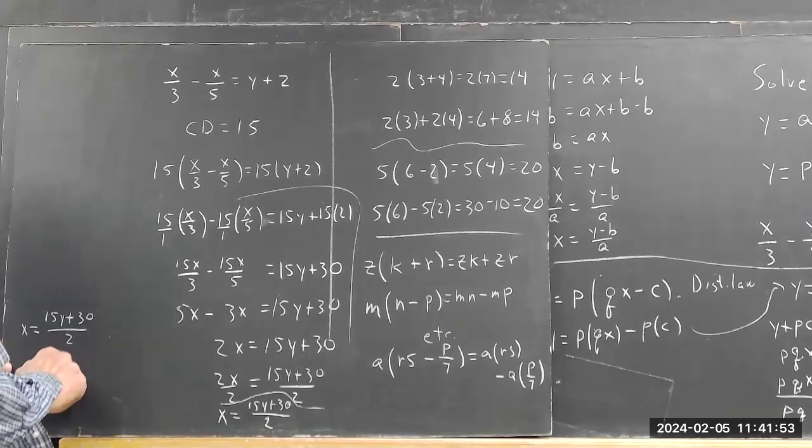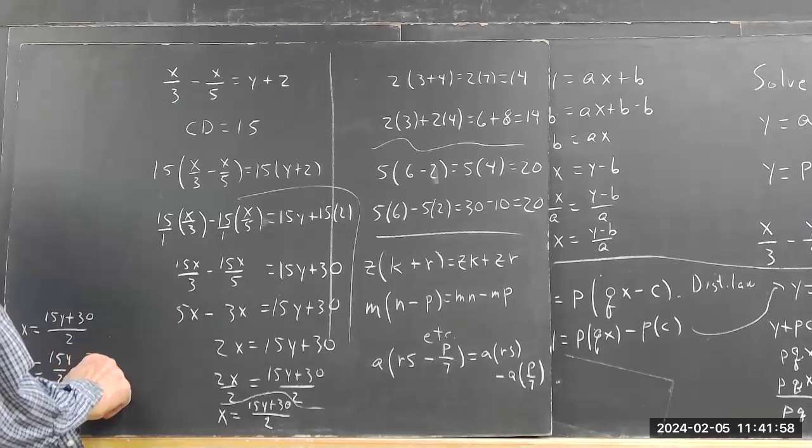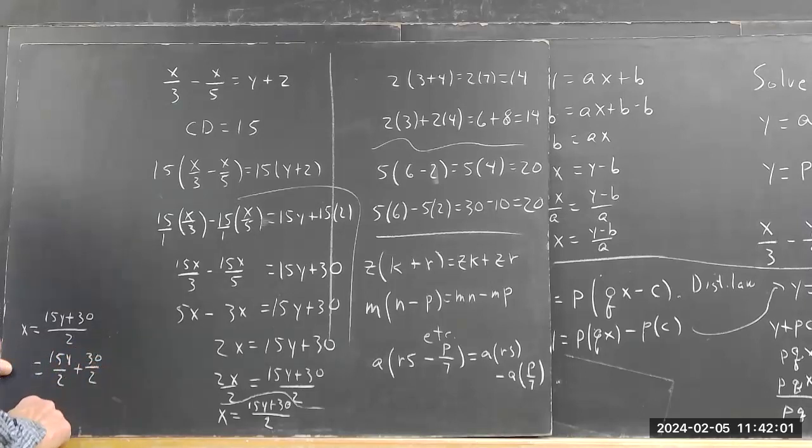So this equals 15y over 2 plus 30 over 2, which equals, I'm going to write it this way, 15 halves times y plus 15. So you want to think about that a little bit. I'm not going to emphasize it right now, but it's going to come up when we try to do linear equations. Okay.